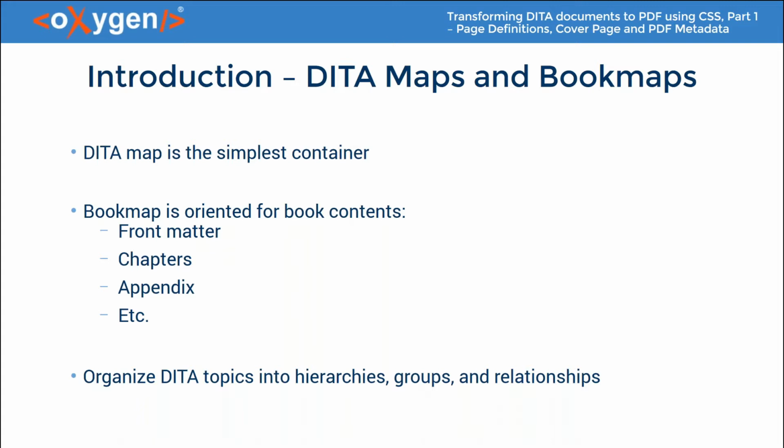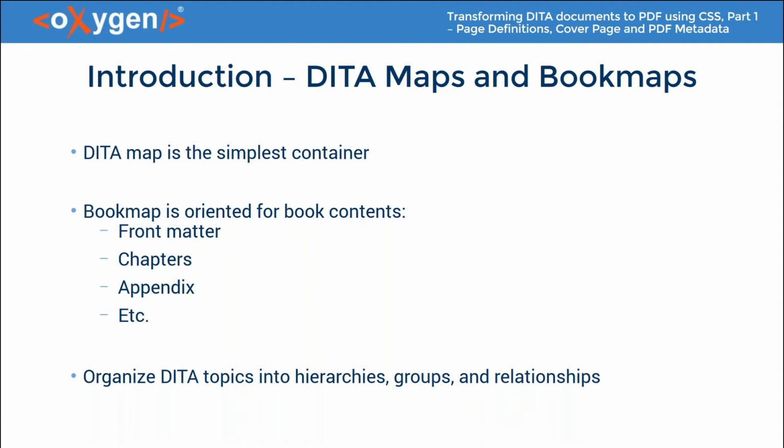Another type of map that can be used especially for books or technical documentation is the book map, which is slightly different from the default DITA map in the sense that it already includes some of the book-oriented contents, for example, the front matter. We can define some parts, chapters. We can define appendixes. We can also define indexes, for example, etc.